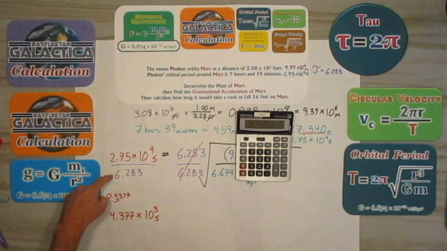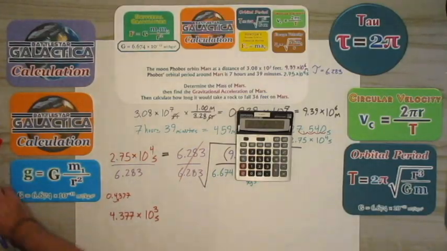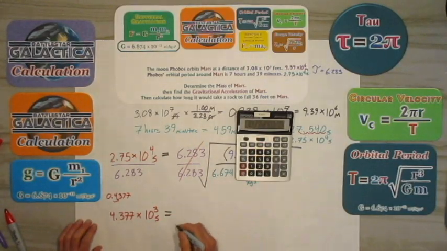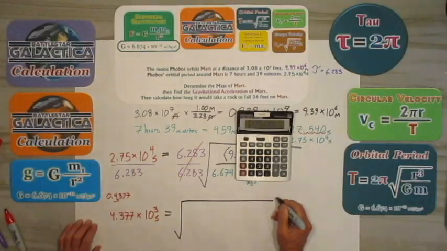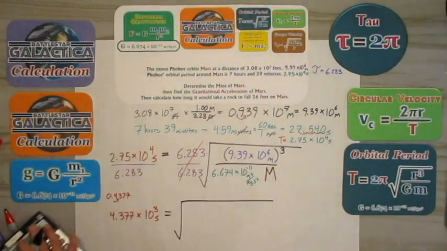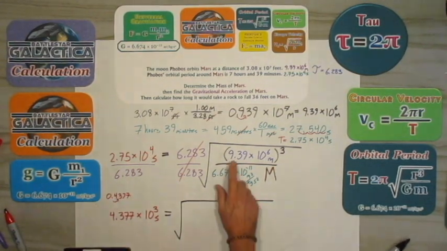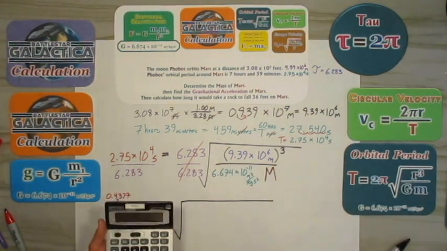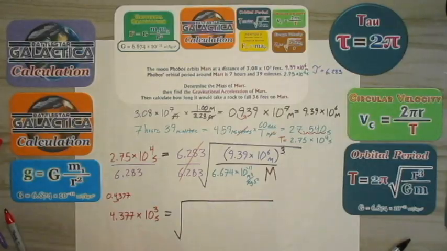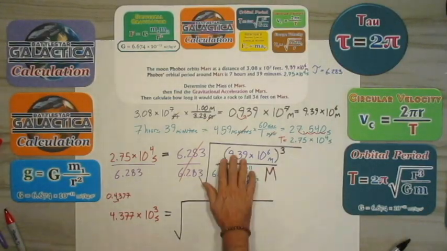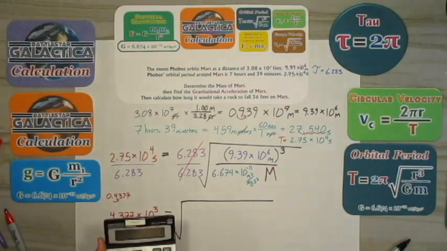So I've divided those, this disappears, and now I've got this equal to just the radical, what's under the radical. And we're cubing what's under there. So obviously it's going to be like 9 cubed, and I'm trying to think if it was 81 times 9. It would be like 750 or something, so I'm thinking about 800-ish.